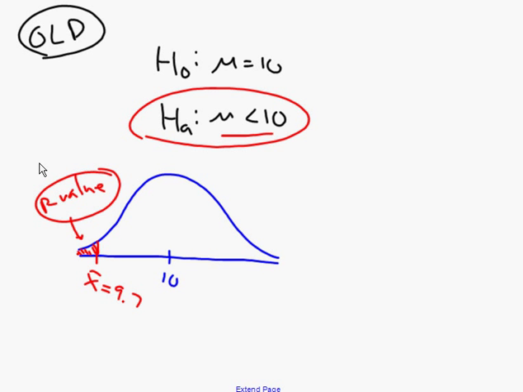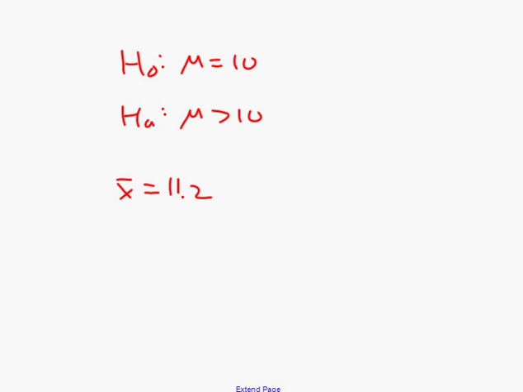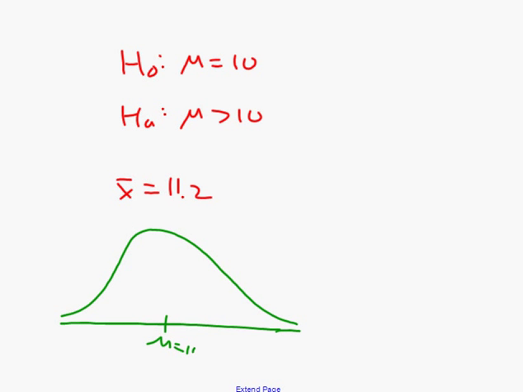Okay? It could have been something like this. We could have had H0 where mu equals 10 and HA where mu is greater than 10. And then maybe we had an x bar of like 11.2 or something. And when we drew the normal distribution, here's what we would do. We put mu equals 10 in the middle.